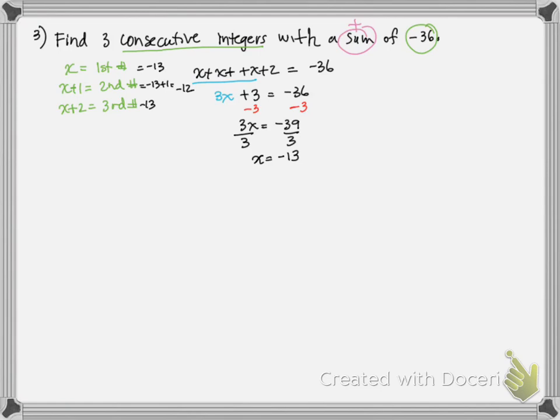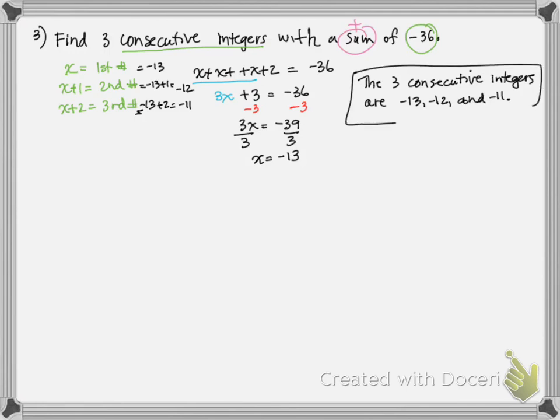If I take -13 and add 2 to it, I get -11. So I would say the 3 consecutive integers are -13, -12, and -11.